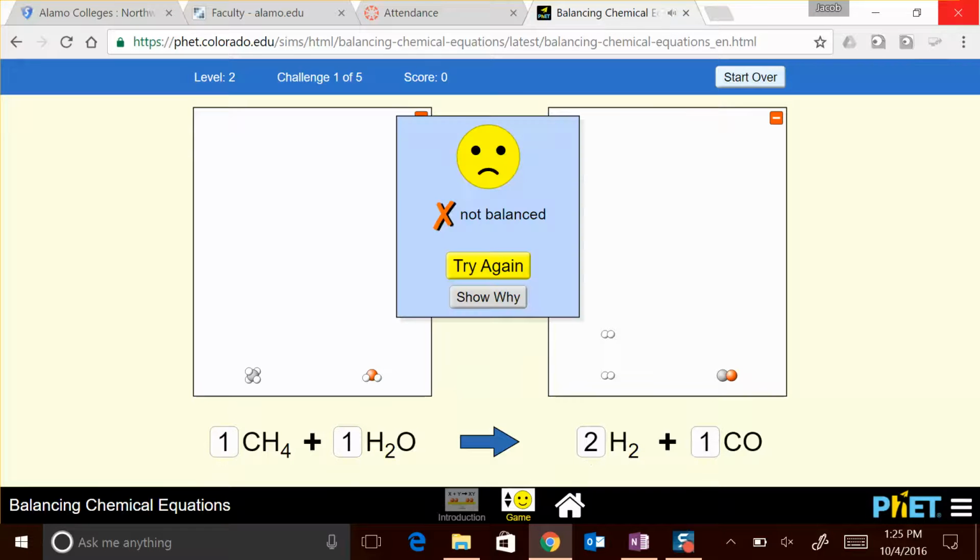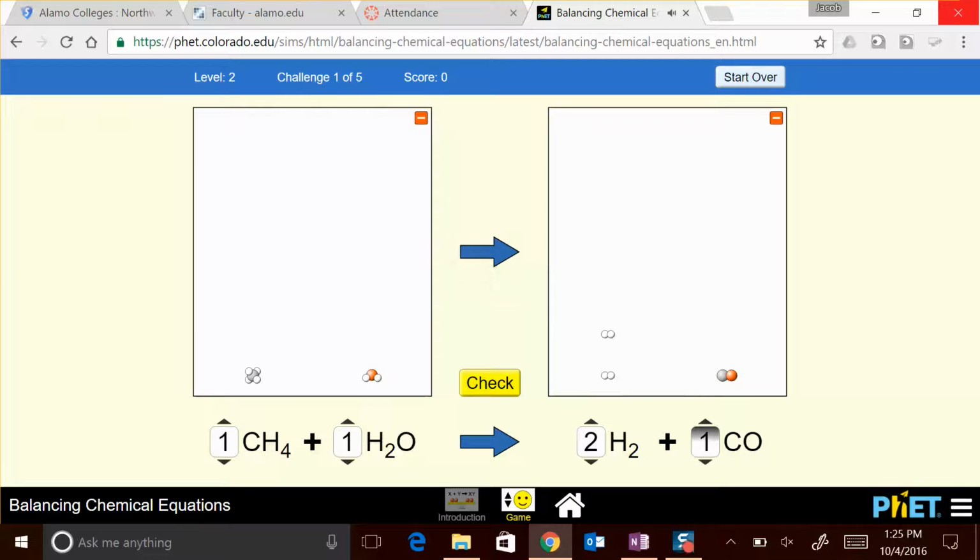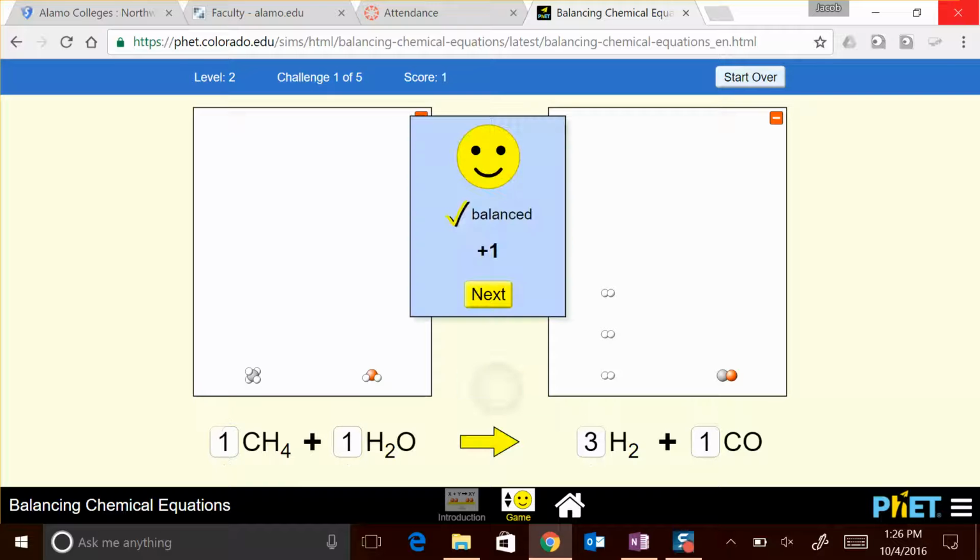Okay? What did I do? 6 hydrogens. Oh, that's right. I have 2 more right here, huh? Yeah. Okay, so I need that. Okay, thank you. And now it's balanced. Okay? So now it's a balanced chemical equation.